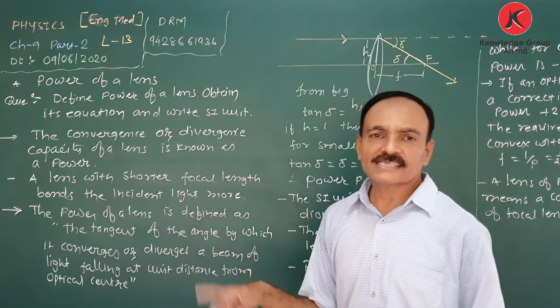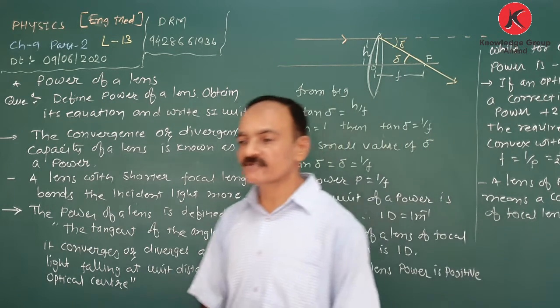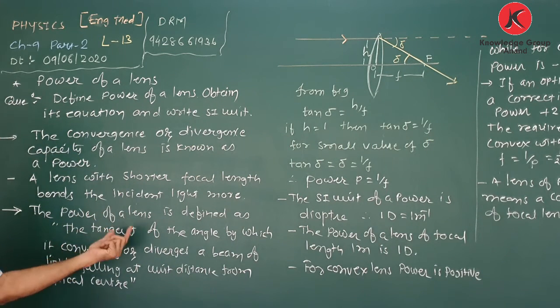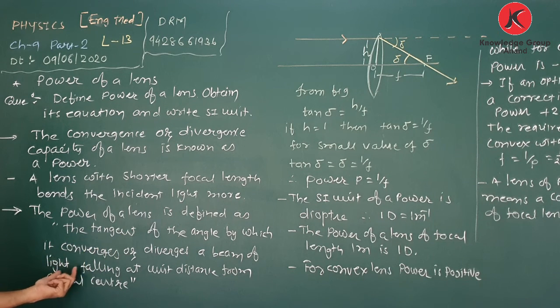Now, another definition of the power: the power of a lens is defined as the tangent of the angle by which it converges or diverges a beam of light falling at unit distance from the optical center.